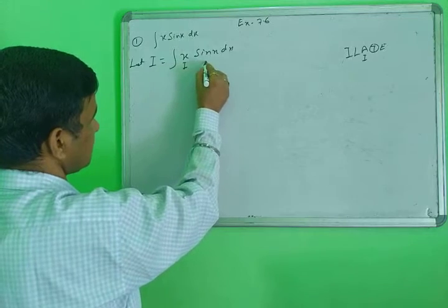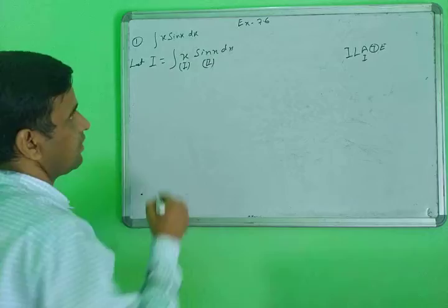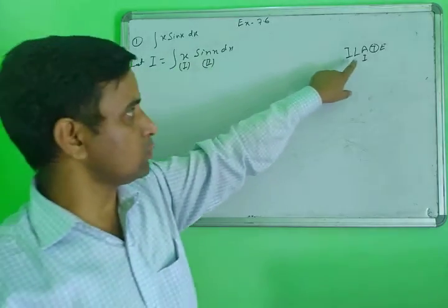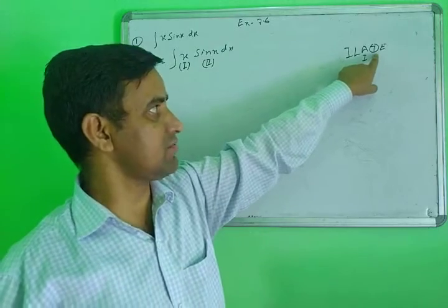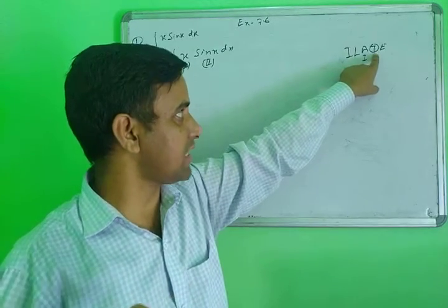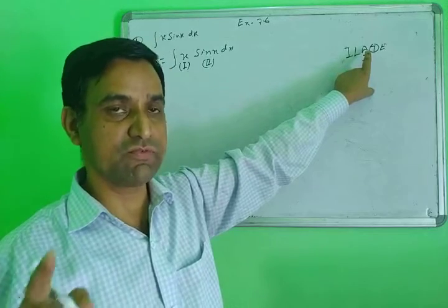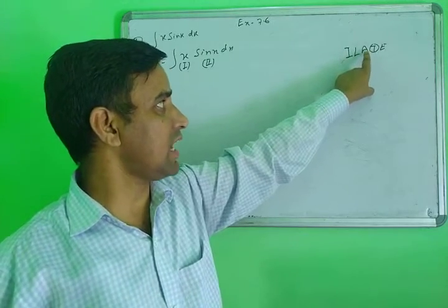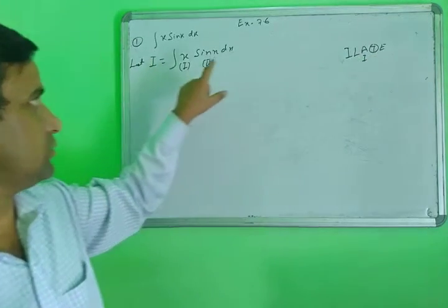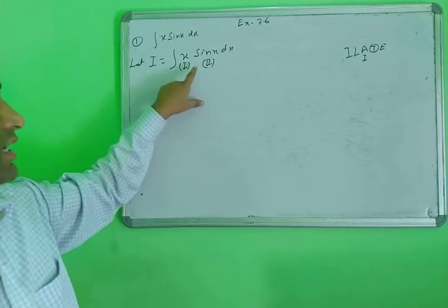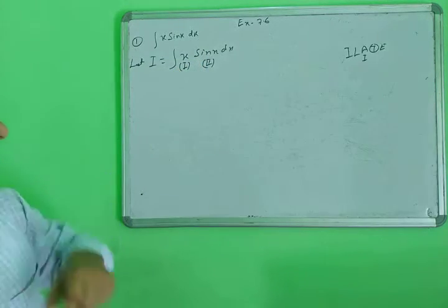This one is the first and this one is the second function, because according to the LATE rule, the algebraic function comes first and the trigonometric function comes after the algebraic function. So the algebraic function x is taken as first and sin x, the trigonometric function, as second.